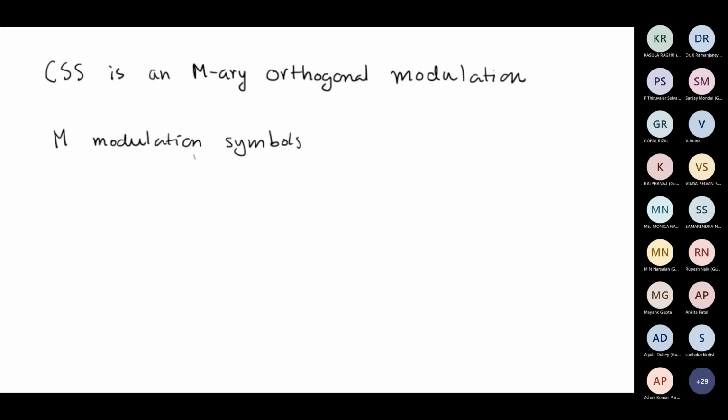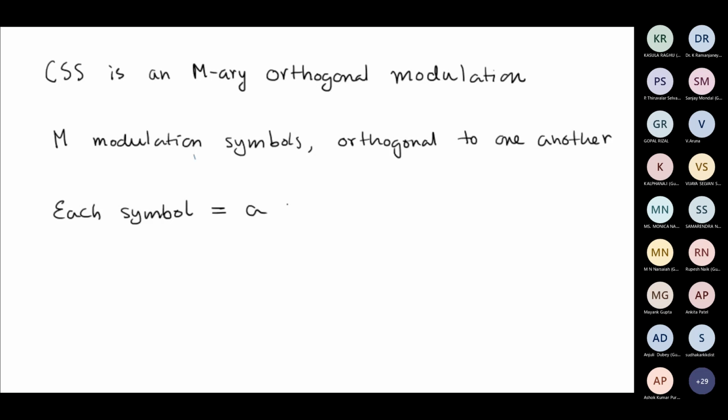And they are all orthogonal to one another. Now, what are these symbols? Each of these symbols is called a chirp.